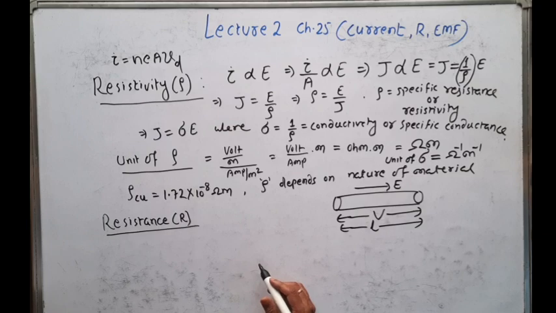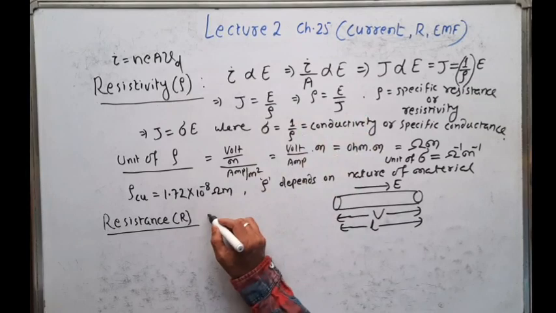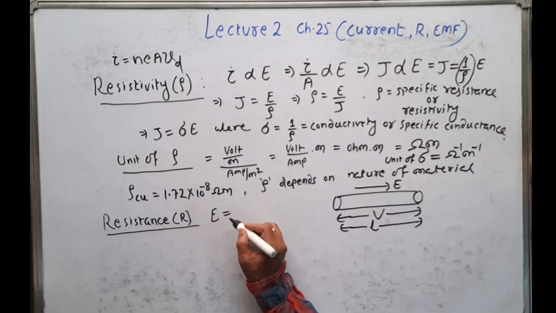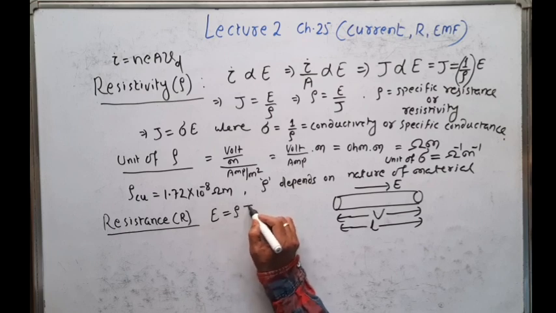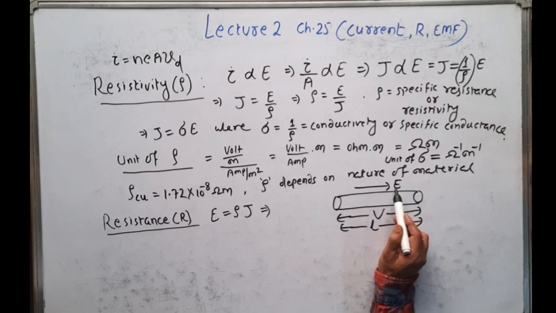We have discussed the relation between E and J: E is equal to rho into J. E is the electric field intensity, which is equal to the negative potential gradient dV by dl.